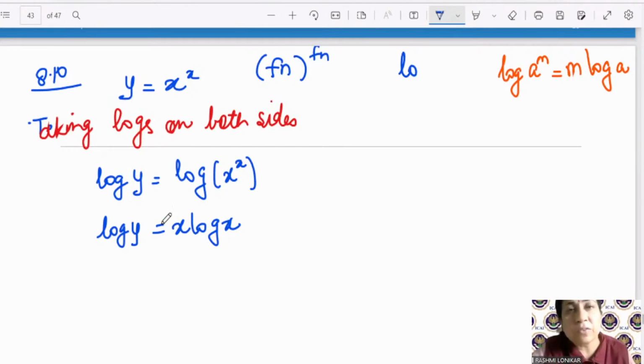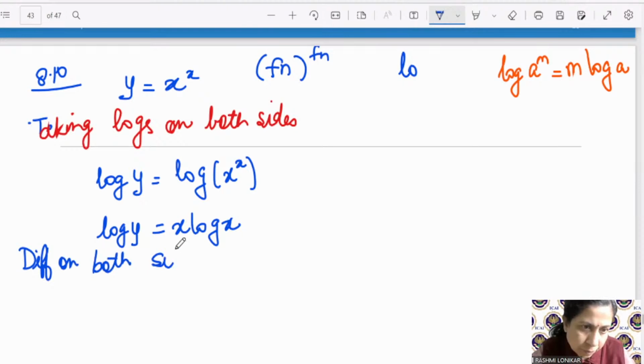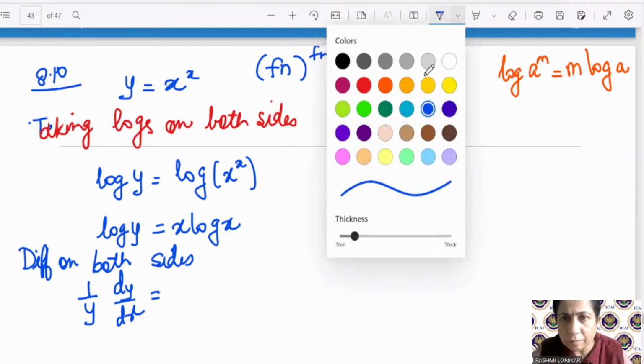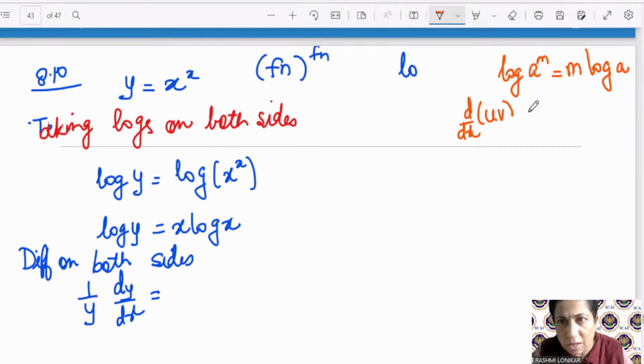Derivative of log x is how much? 1 upon x. So differentiating on both sides, I have 1 upon y dy by dx equal to derivative of x log x. So I have derivative of uv: d by dx of uv is equal to u into derivative of v plus v into derivative of u.